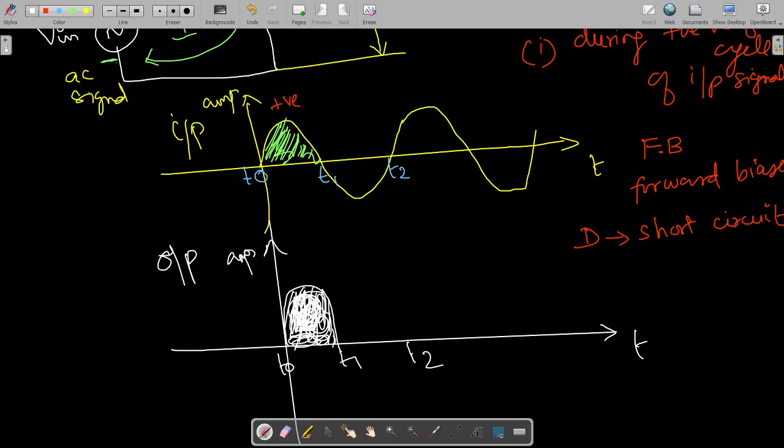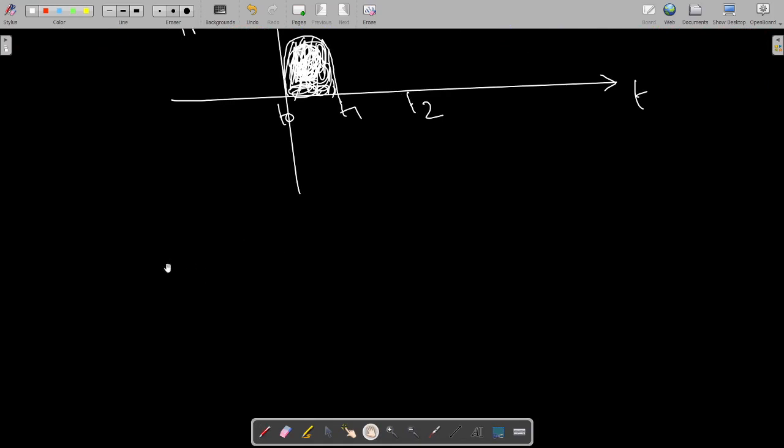Right, fine. Then what would happen? Since it is varying from T1 to T2, now the negative half cycle is being applied at the input side. So once again I need to draw how the circuit will be. This is your circuit as such.